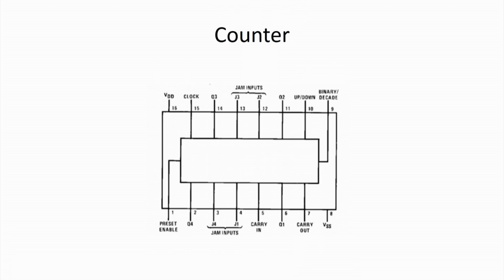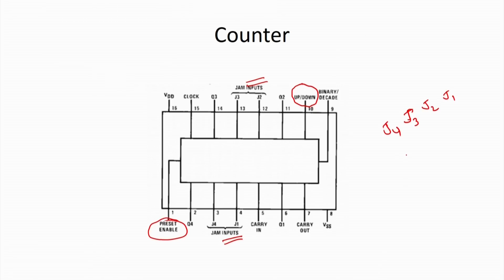Now, what will happen? You just see that here I have some input signals. One is up down, so it is counting up or counting down. Along with that, we have some other inputs. With the help of these inputs, we can preset this counter with the help of this preset enable. Now, say these are J1, J2, J3, J4.